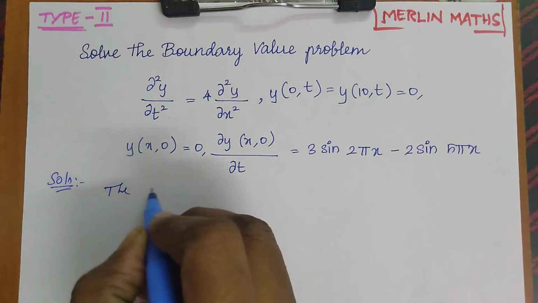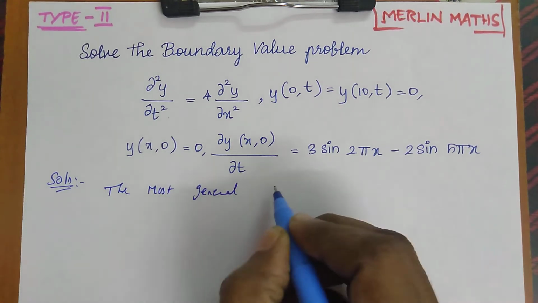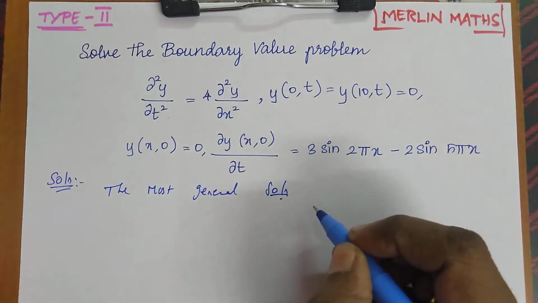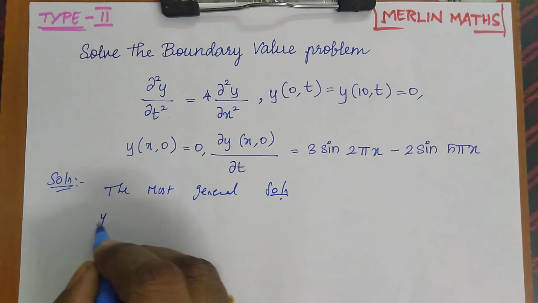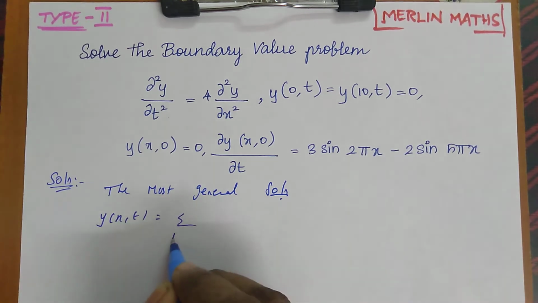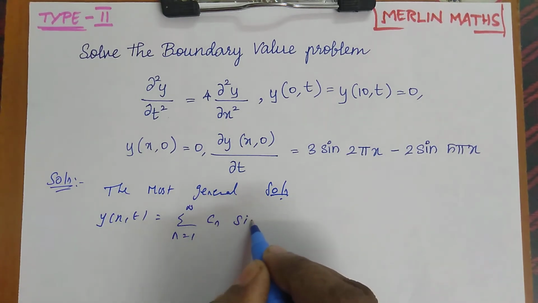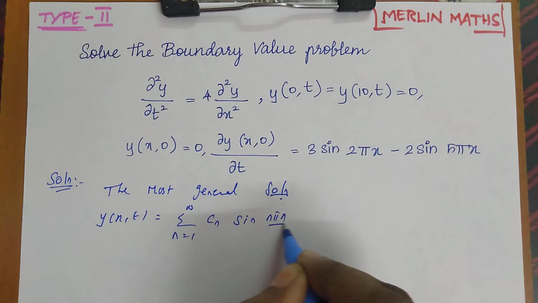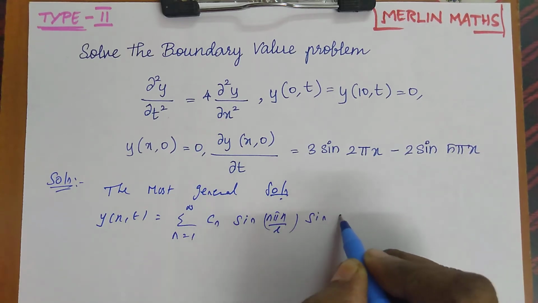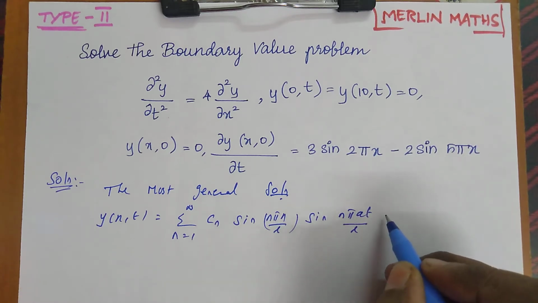So the most general solution, y(x,t) = sigma n = 1 to infinity Cn sin(nπx/L) into sin(nπat/L).